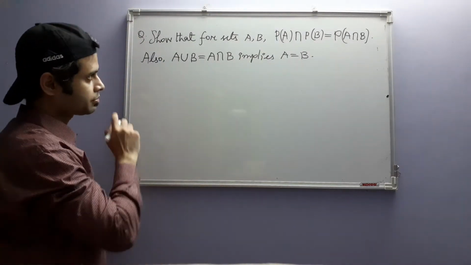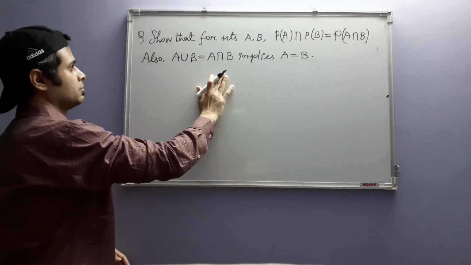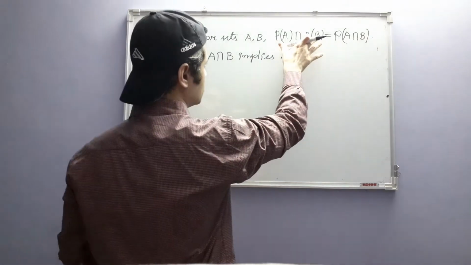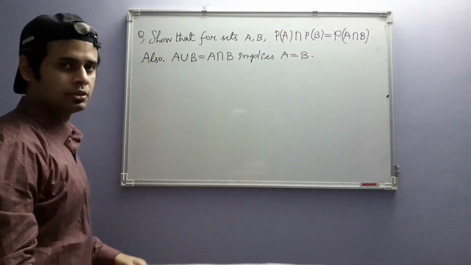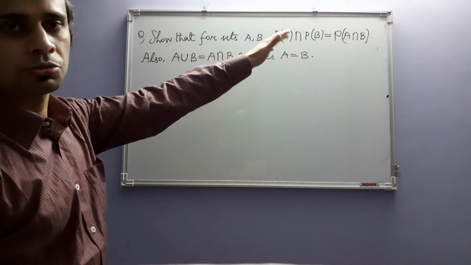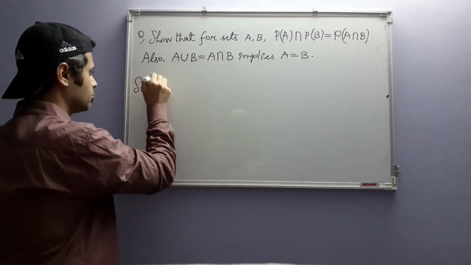Okay, so this is the usual thing. We have to prove that two sets are equal, so we have to show that each one is a subset of the other. So we start the solution.